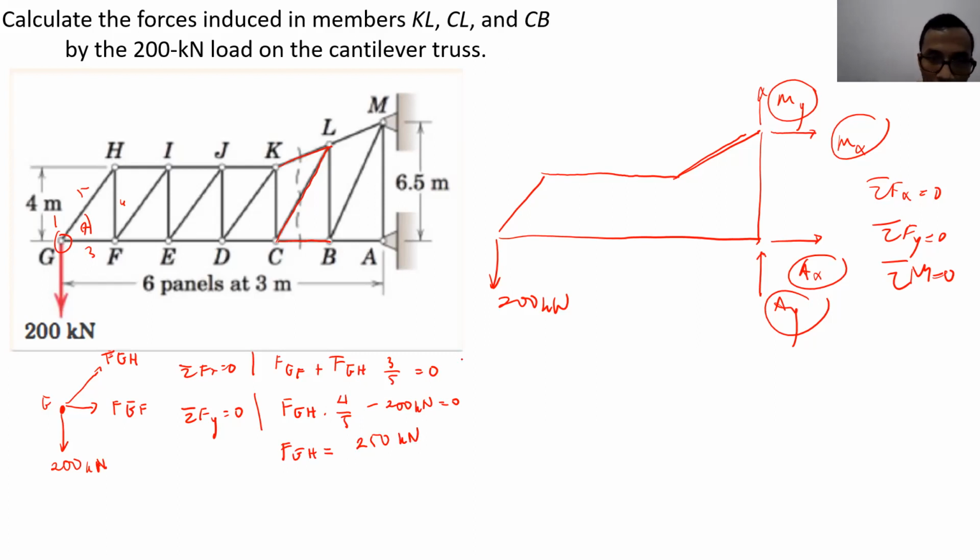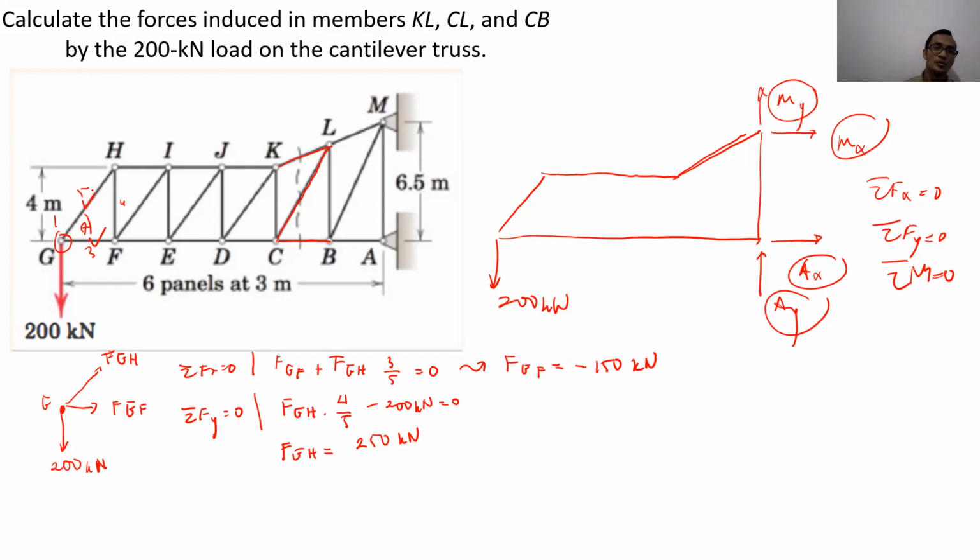After that, you can solve for FGF, right? Using this equation. What is the value of FGF here? Minus 150 kilonewton. Yes, correct. Now you already solved for this and this, right?